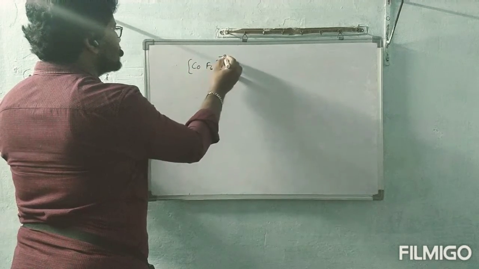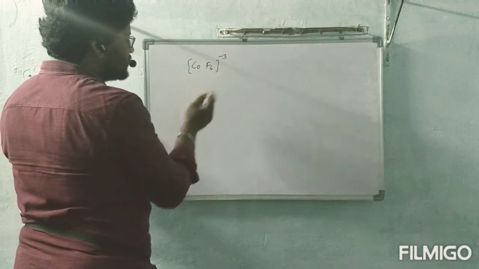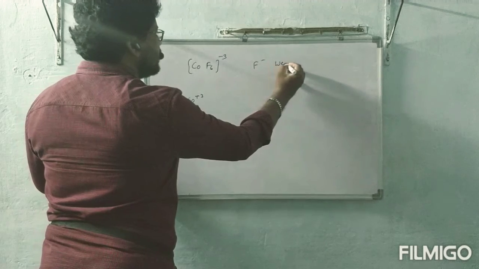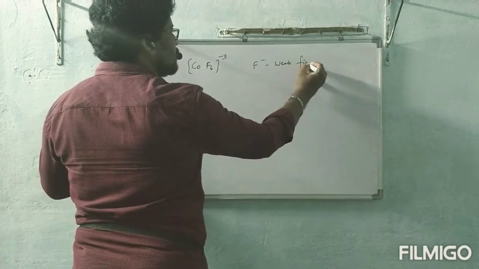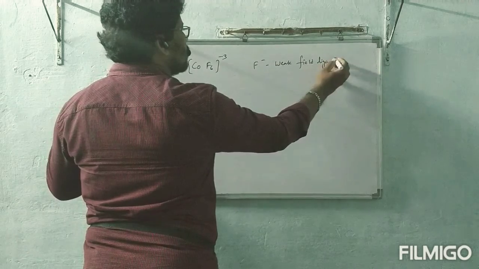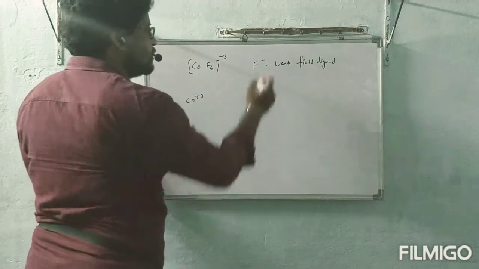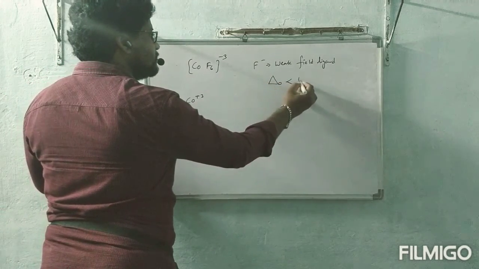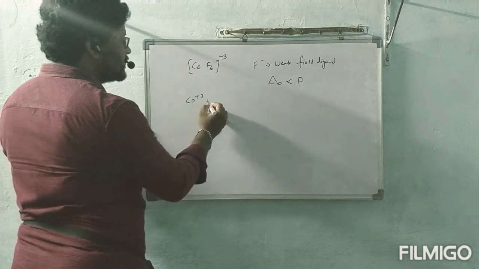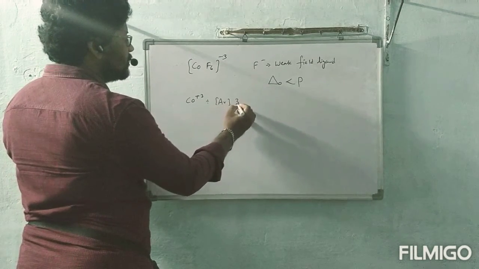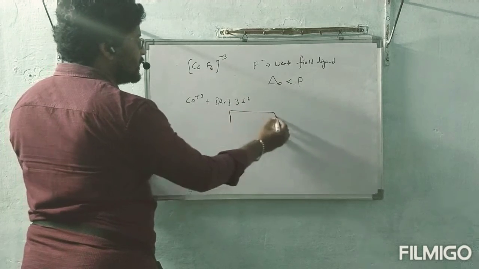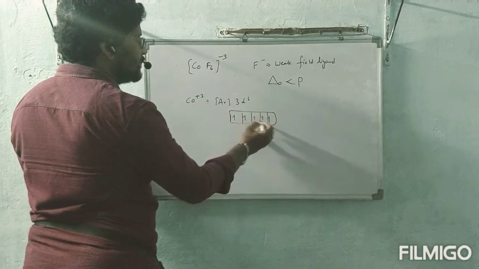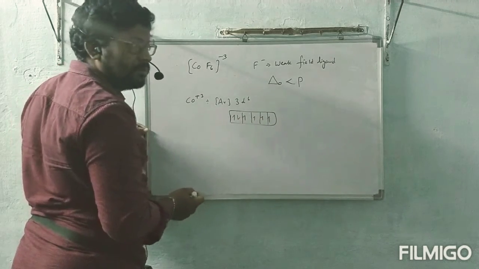[CoF6] minus 3. Same. [CoF6] minus 3 means cobalt Co plus 3, F minus weak field ligand. In the presence of a weak field ligand, delta naught is less than P. Co plus 3 configuration, argon 3d6. Then we will write it as 1, 2, 3, 4, 5, 6. Hund's rule is followed because delta naught is smaller.